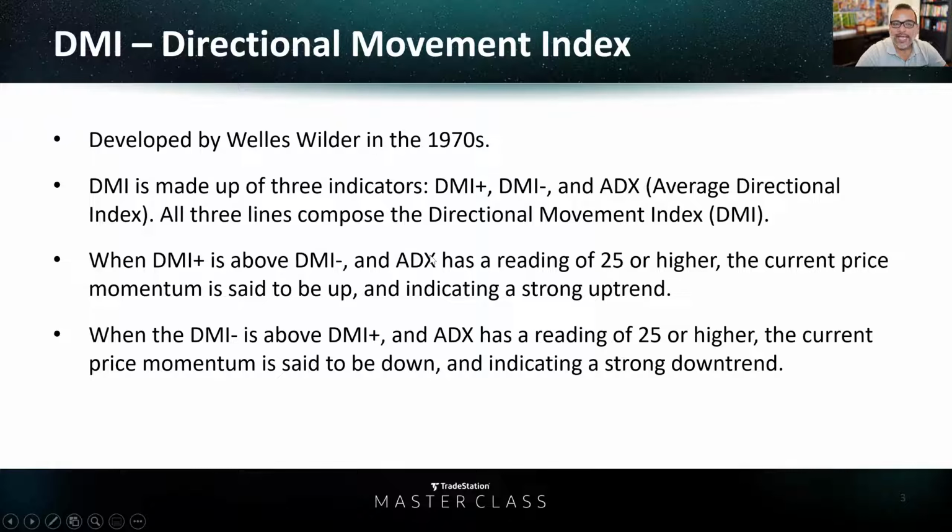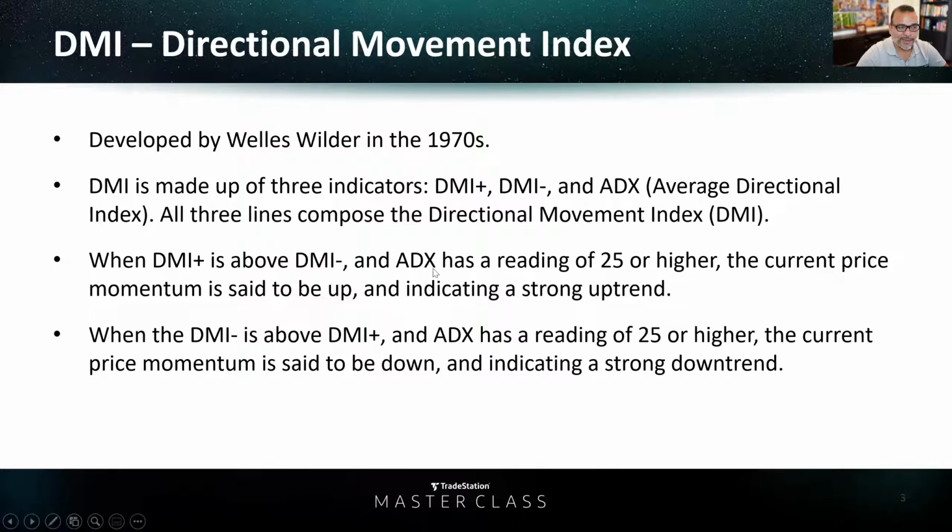Why? Because the ADX does not tell you the direction of price, but the strength at which the prices are moving. And that's why for both scenarios, we're looking for a higher reading, because that is indicating a strong trend.